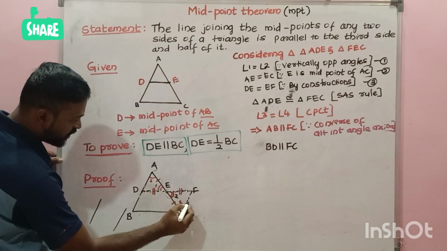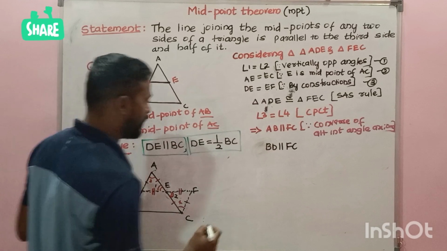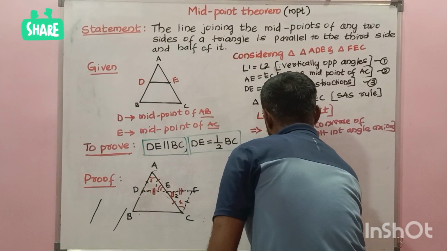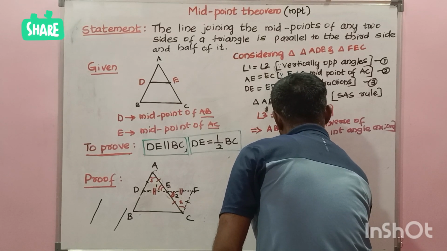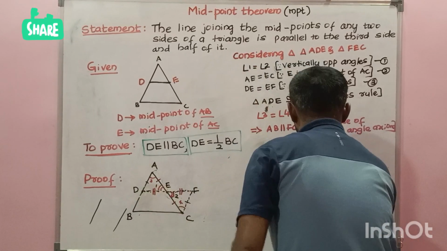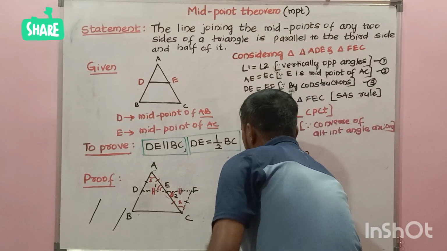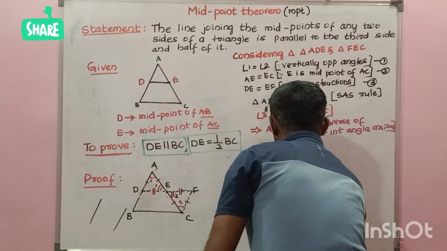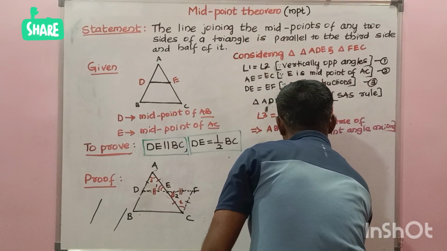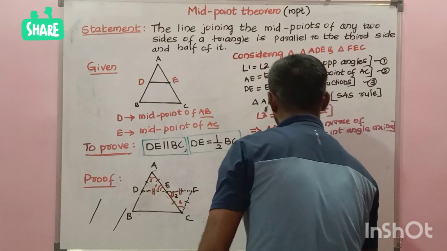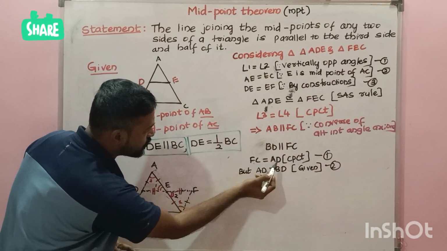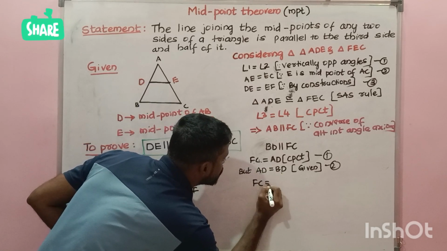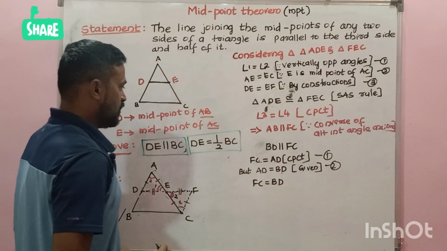Now we already know that FC is equal to AD because of CPCT, and AD is equal to BD. This is given. So from 1 and 2, FC is equal to AD and AD is equal to BD. Therefore, FC is equal to BD.